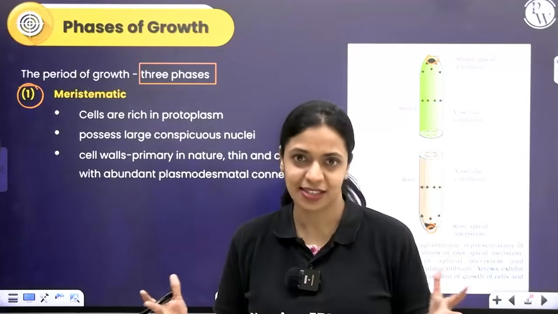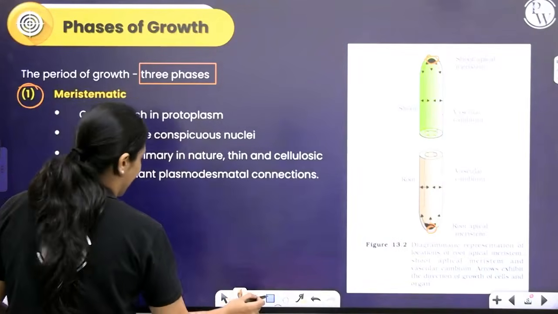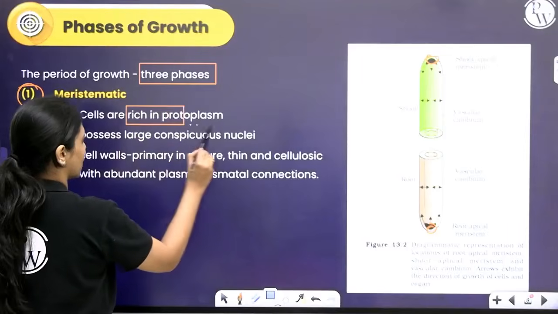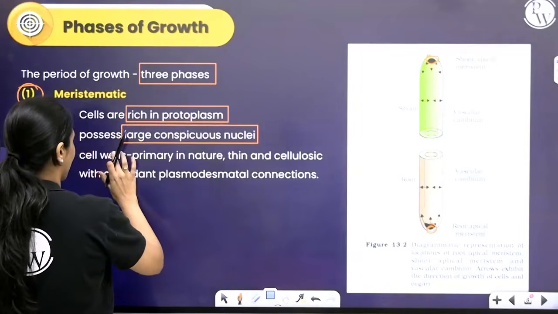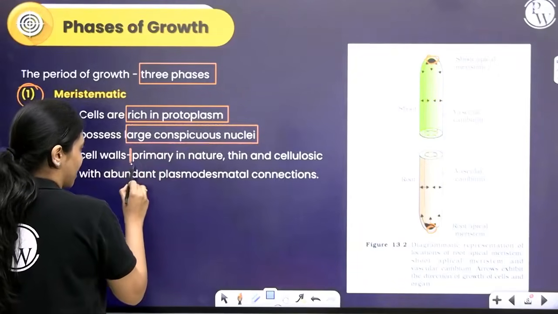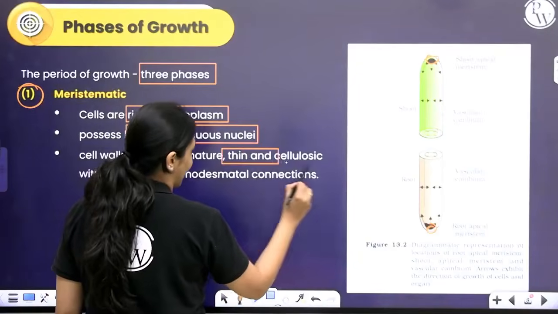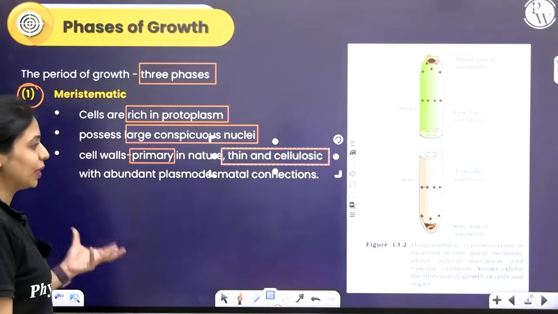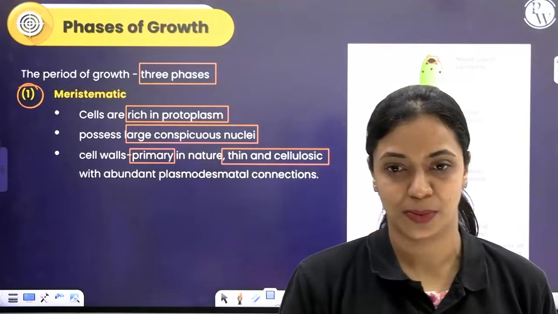They don't even increase in size that much. These cells are small and they have rich protoplasm. They will have a large conspicuous nucleus, and the cell wall is primary, made up of cellulose, mostly thin and cellulosic. It will have a lot of plasmodesmata, that is the cytoplasmic connections between the cells.